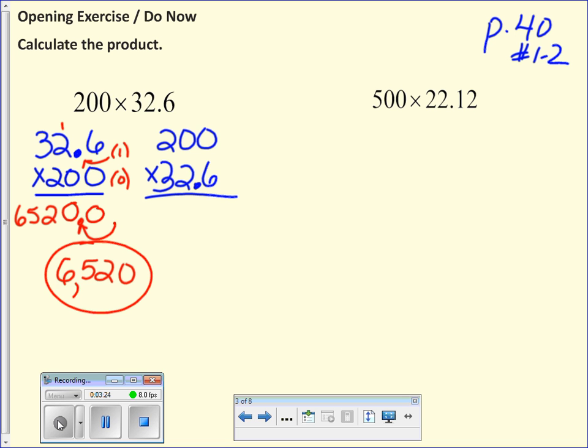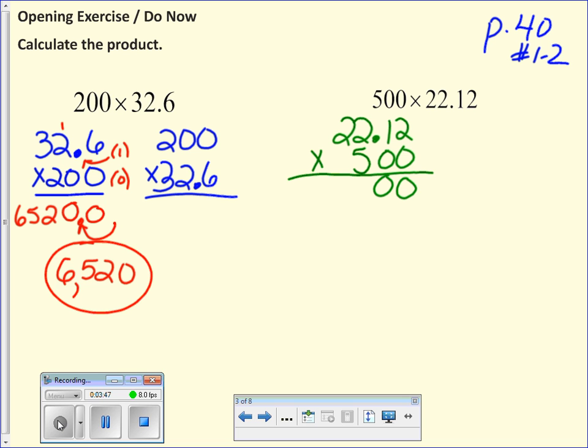I personally think that it's easier to put the factor with the zeros as the second factor. Remember, you can line them up to the right. We do not have to line up the decimals. So whenever I'm multiplying by 100, I would add 2 zeros to the number.